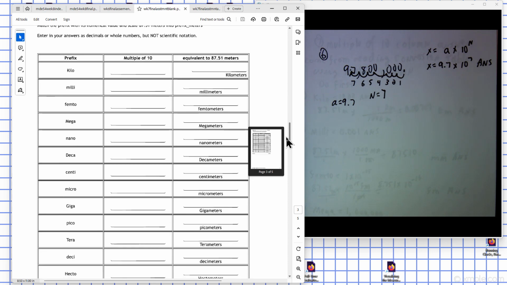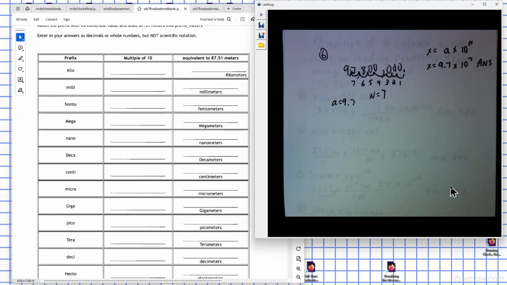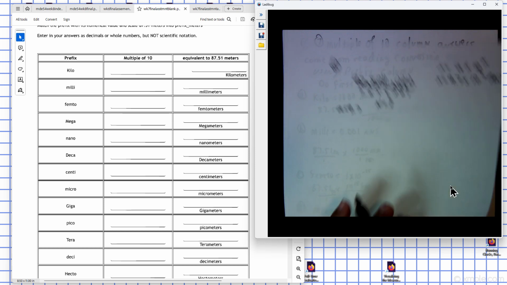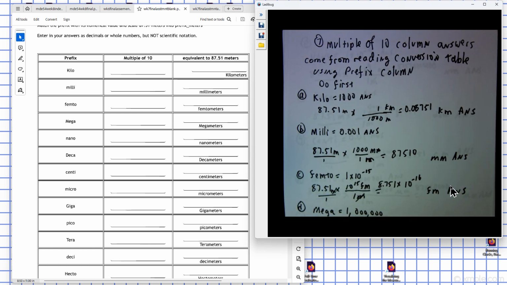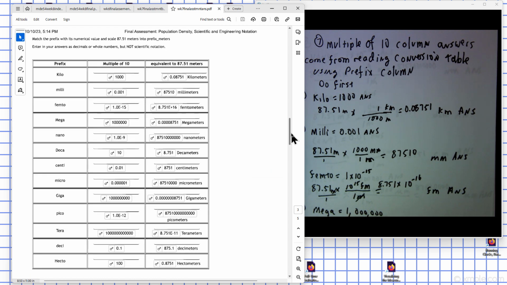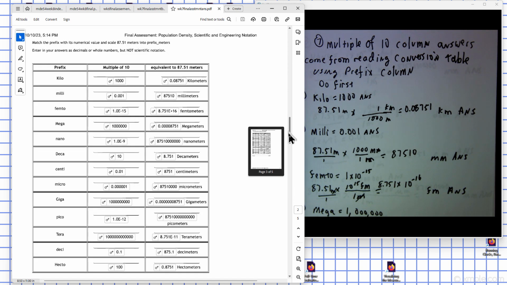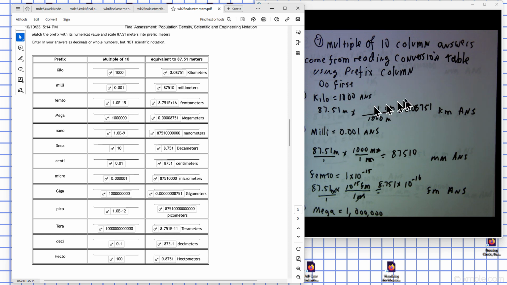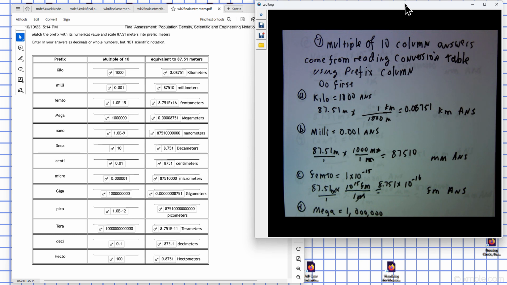Number 7. Number 7 is right there. So number 7, multiple of 10 column.